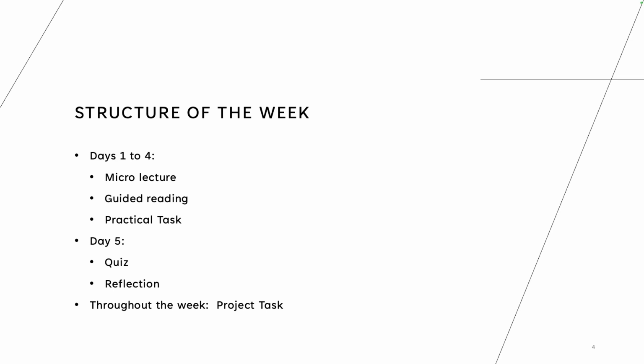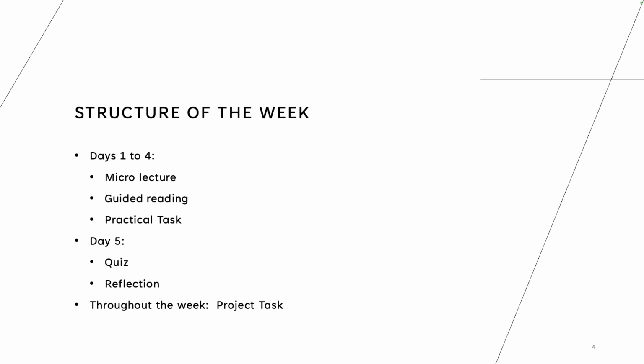On the final day of the week, you'll complete a quiz that checks your understanding of everything that you've covered throughout the week. You'll also do a short reflection on the quiz. You can think of this as a chance to pause and ask yourself, what was easy, what was difficult, and where do I need to focus next week? There's also a weekly project task.